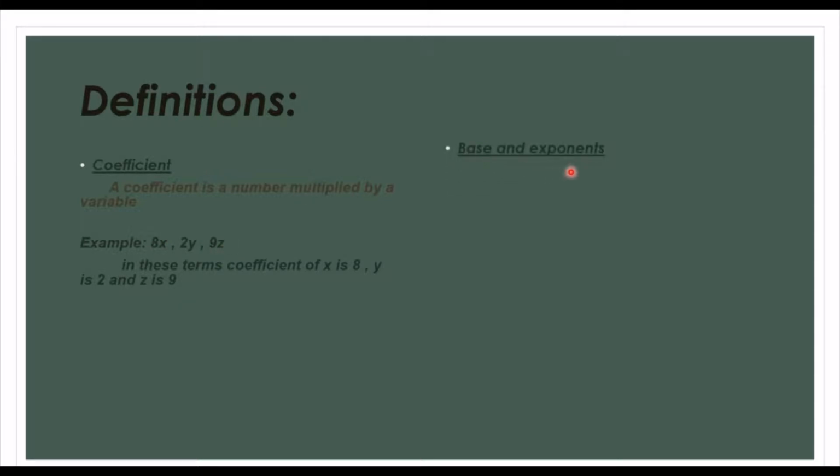Now base and exponent. The repetition of a factor is shown by the use of a small number written on the right side of the factor at its top, just as in arithmetic. This small number is called the exponent and the factor which is repeated is called the base.